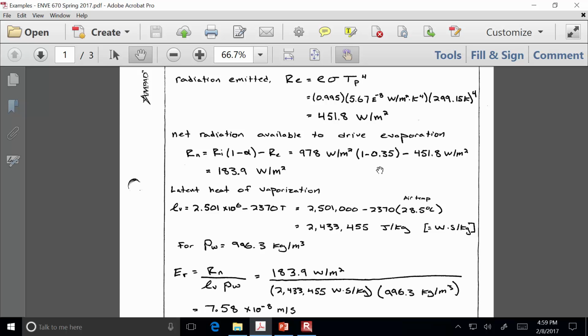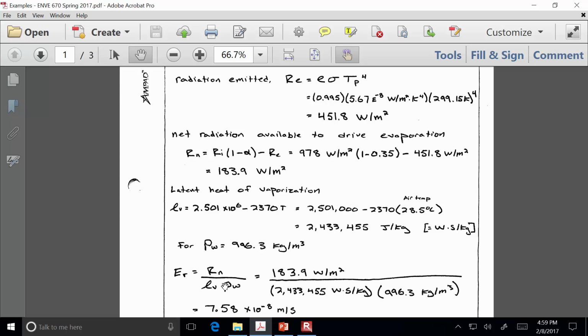I think the difference is going to be marginal since the air temperature and the water temperature here are so close together. But this is telling us how many joules are required per kilogram.